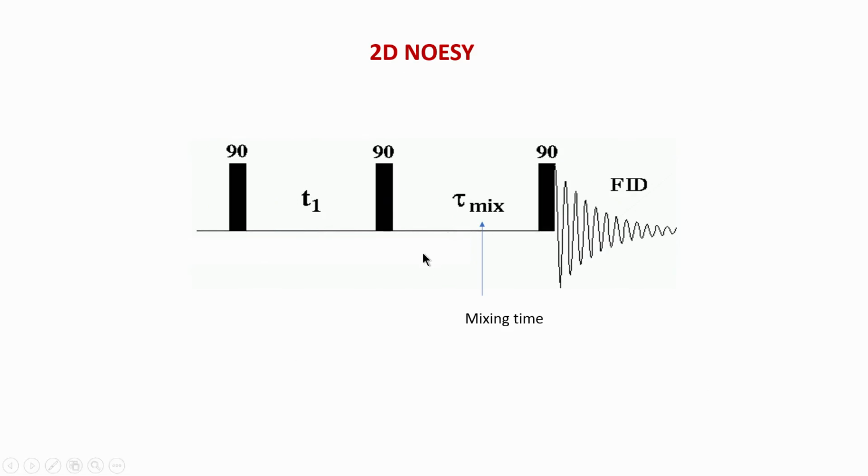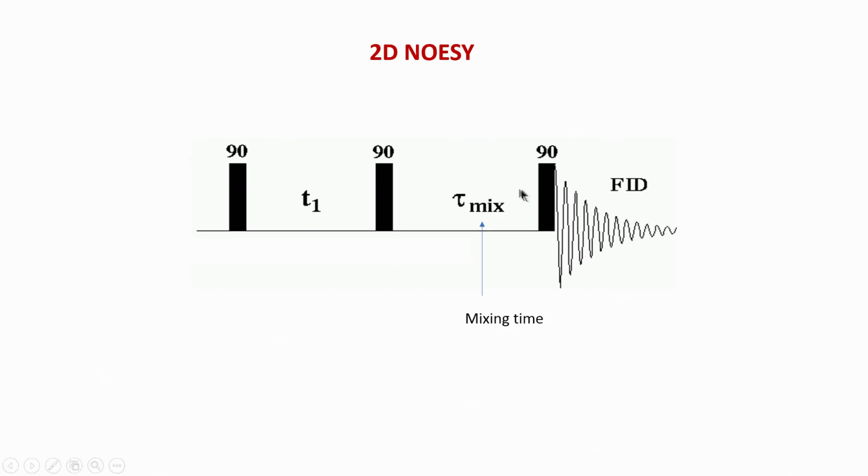This is a recap from the previous part of the course. Then when they go back towards the z axis during this mixing time, that is tau mix, they start transferring the polarization to each other. And the transfer of polarization is called the NOE effect.